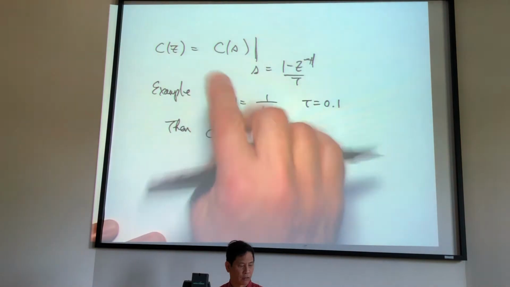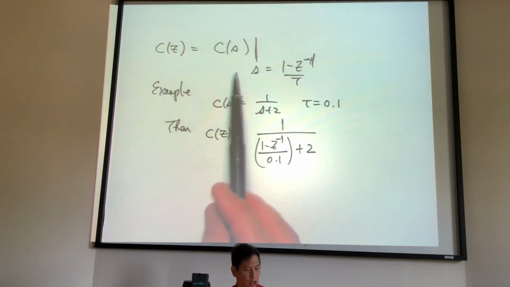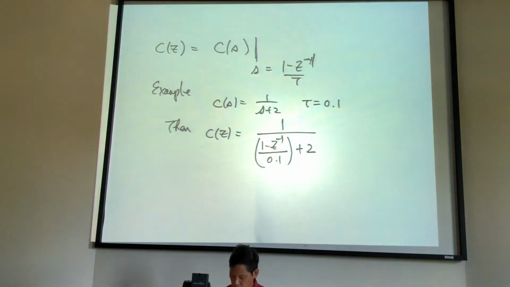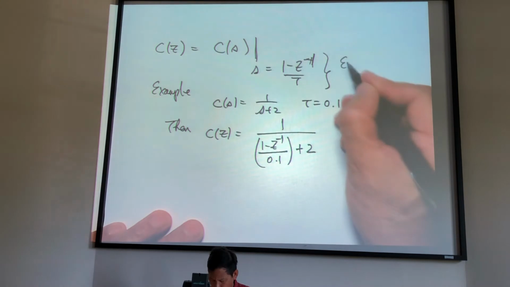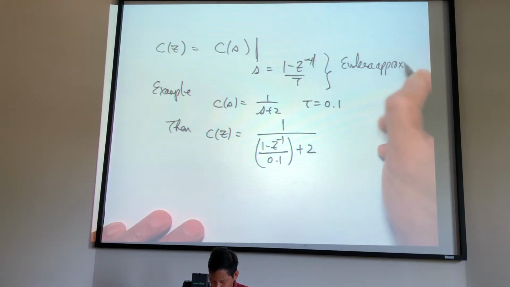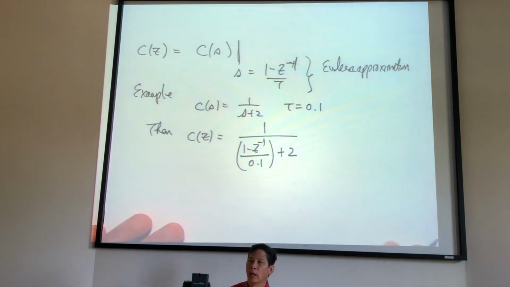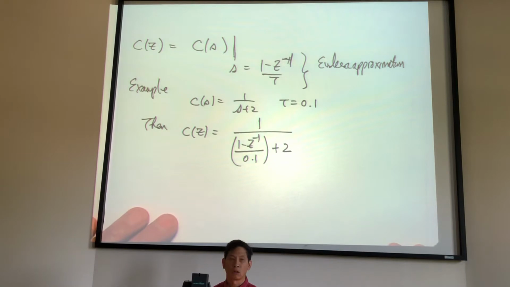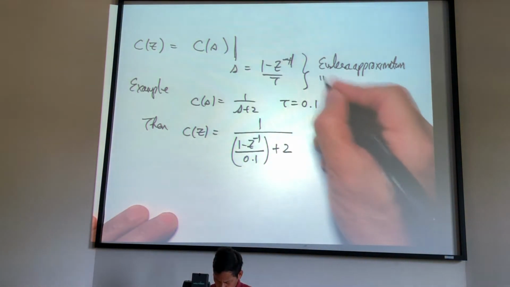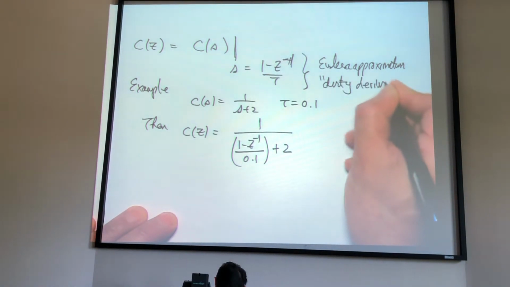Okay. This is my approximation. C of z is just the form of C of s, the filter I designed in the s domain, in the continuous time, and wherever I see s, I put in this approximation. This approximation has a name. It's called the Euler approximation. Okay. Now, any controls engineer worth his salt, or who's been around controls engineering for a while, has another name for this. Okay.